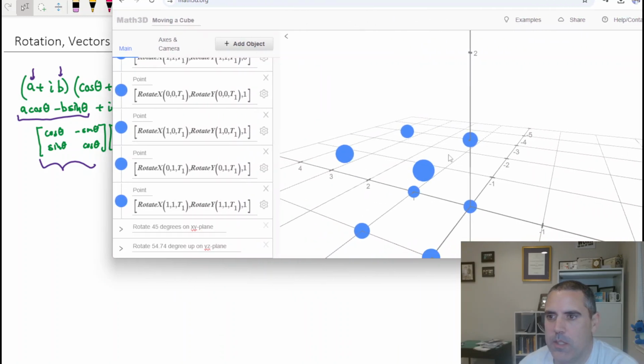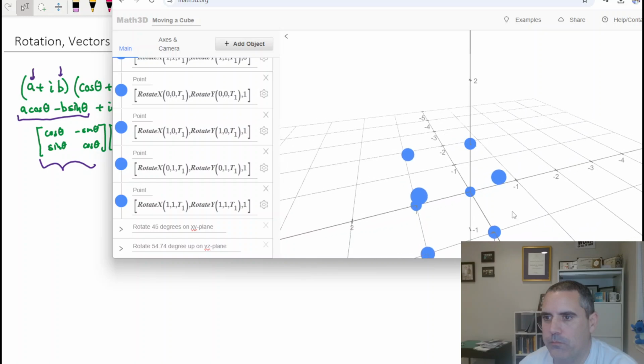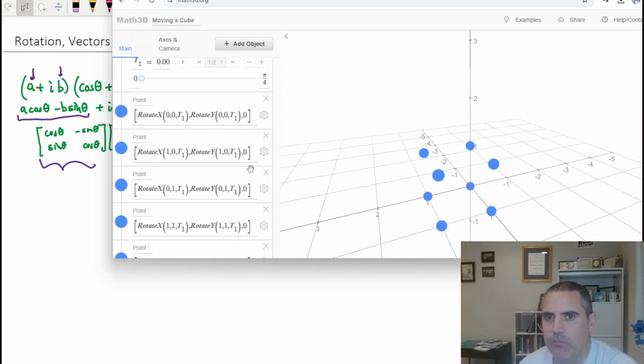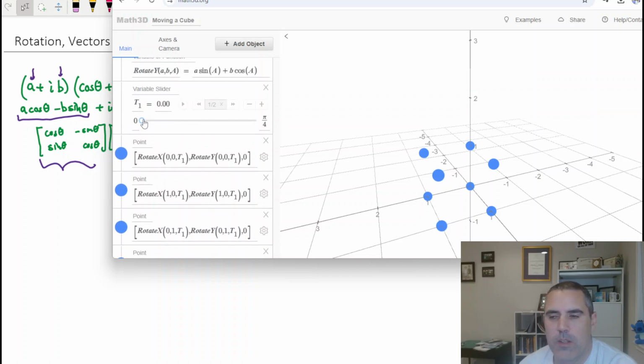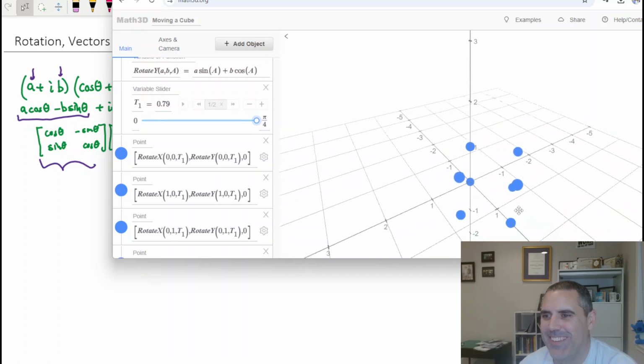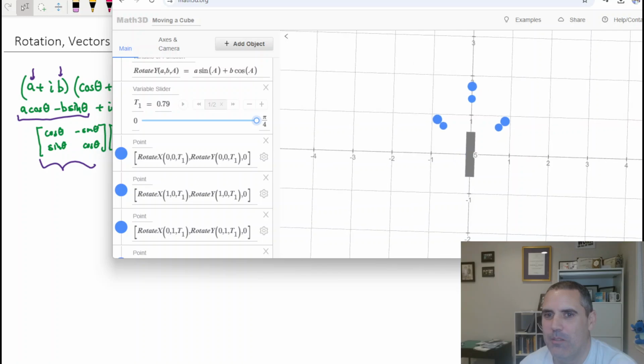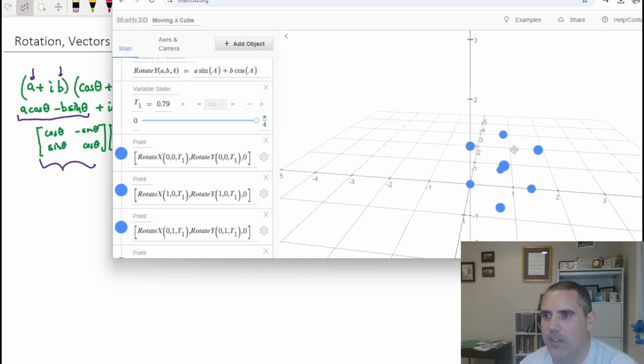So there's those 8 points we started with. And then I started to rotate them. Clunk. There they are on the y-axis. So if you viewed from above what I just did, I rotated them. Pretty cool, I think.